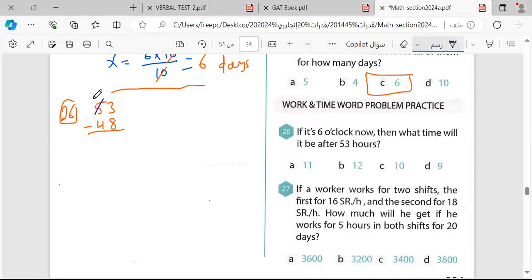You can borrow from here, 13 minus 8 is 5. Then we add 6 o'clock plus 5 equals what, my student? 6 plus 5 equals 11. So the answer is 11.